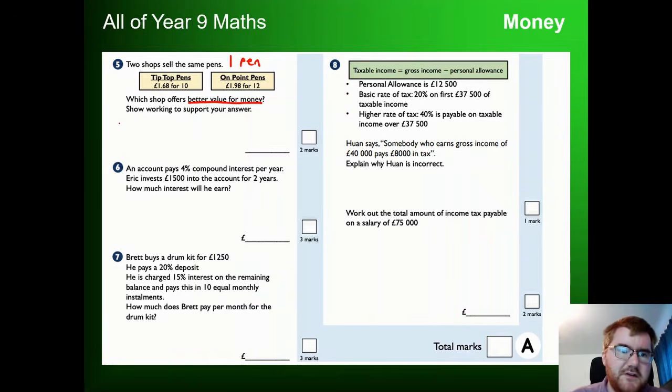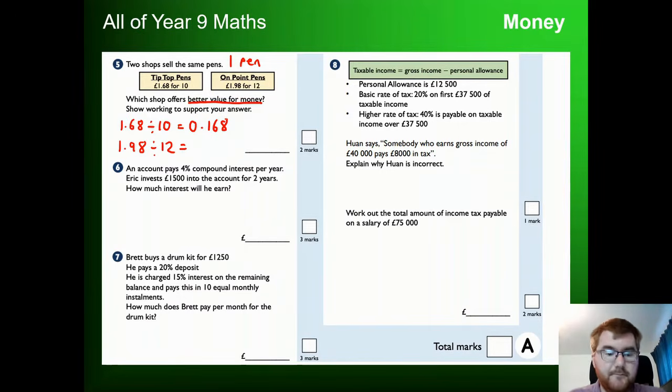cheaper. So the way we do this, we take the £1.68 and divide by 10, how many there are in the pack, and then work out what the price is for one pen, and we do exactly the same calculation for the other shop as well. Now this one we can actually do in our head because it's dividing by 10, but we're going to need the calculator for the other one to see if it's cheaper than 0.168.